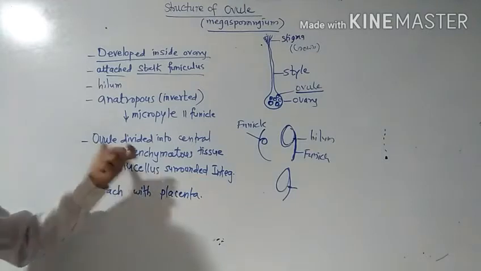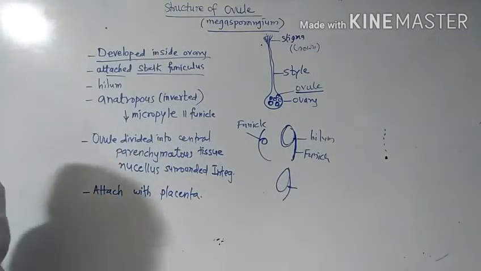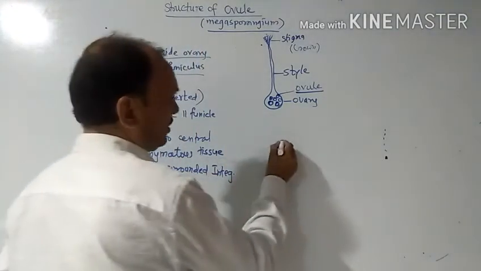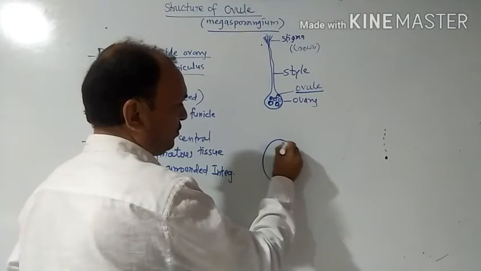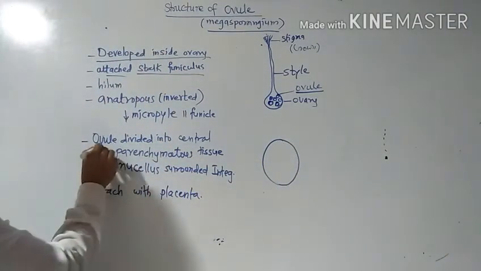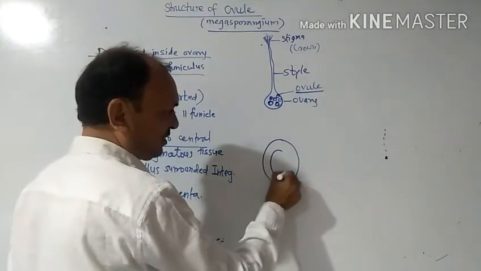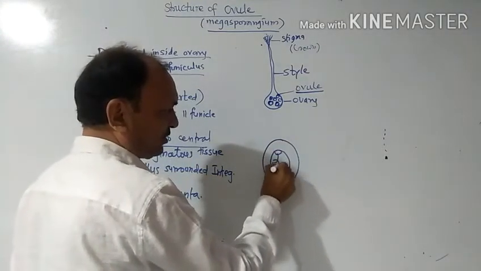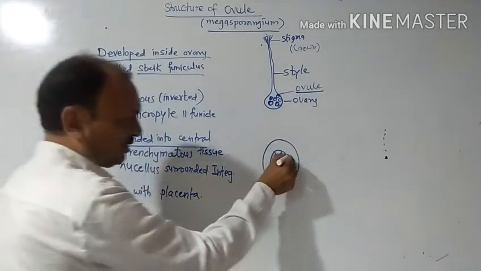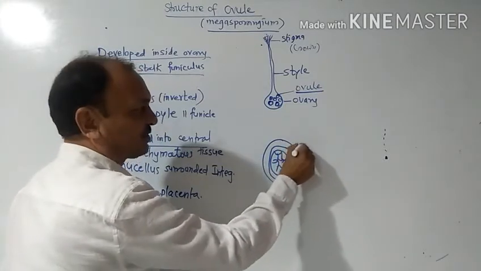When the ovule is in mature condition, it is divided into parts. First, the central parenchymatous tissue, then a thin layer of nucellus, and then the integument.